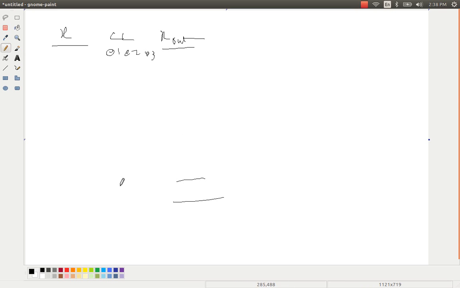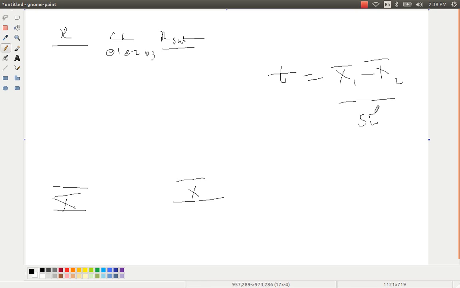We compute the mean for the actual data and the mean for the data without outliers, and finally we perform a t-test where the test statistic is x1 bar minus x2 bar divided by the standard error. So this is step number 4.